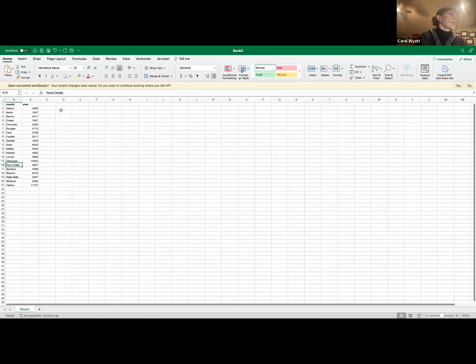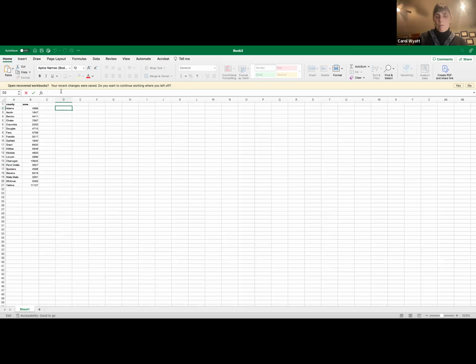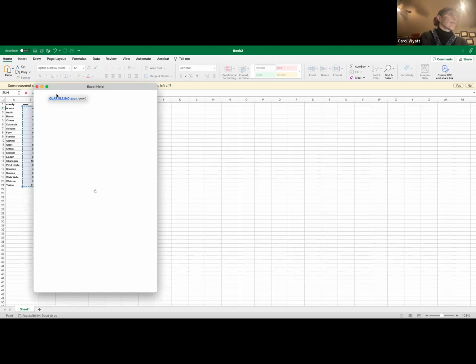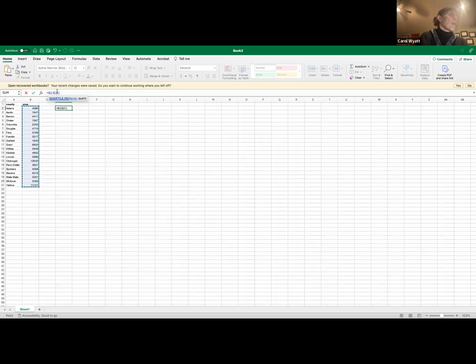And now we're going to use quartile, the quartile function with the include, and this array. And again, equals quartile, the one with the include, then this array.